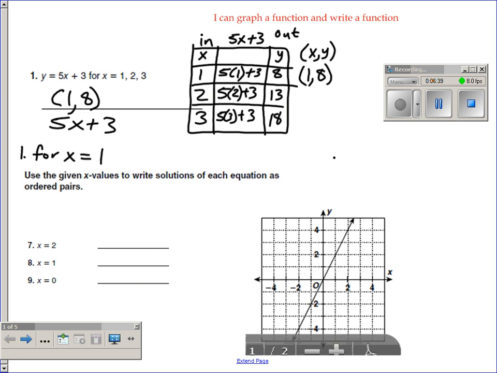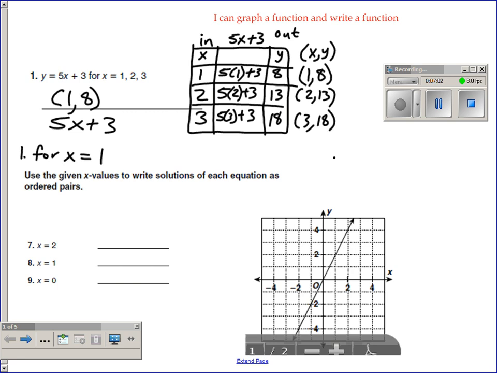When X is 2, Y is 13, and that means on our graph here, we would just go over 2, and then we'd go up the y-axis 13 spots. Okay? And my ordered pair, when X is 3, Y is 18.